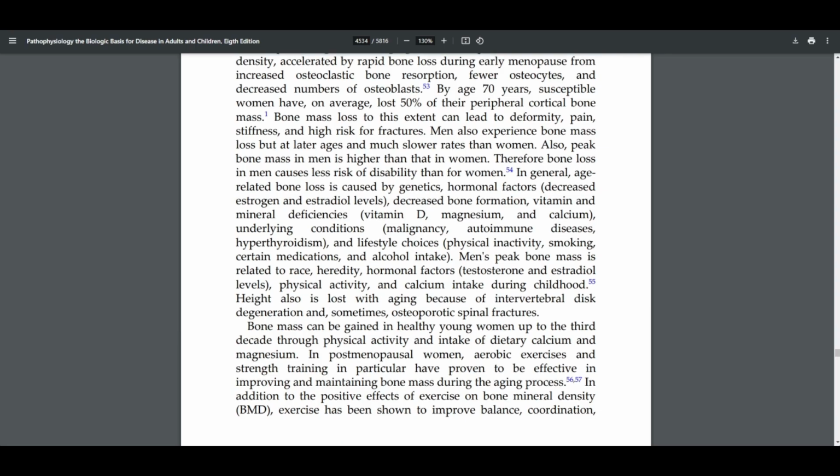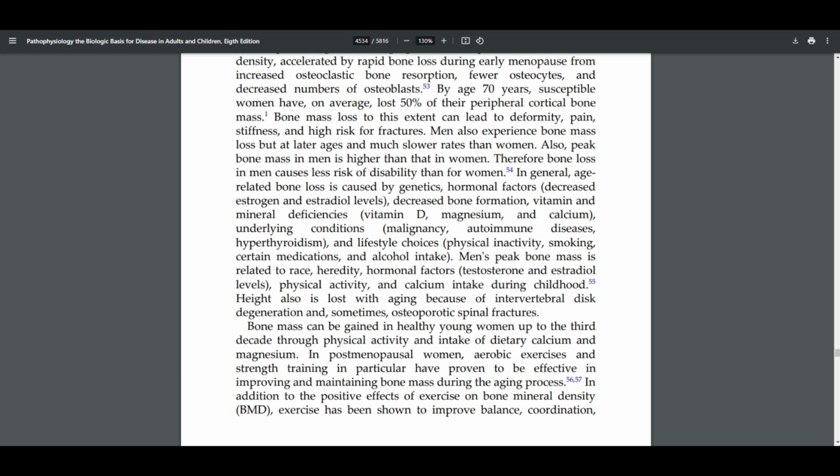Men also experience bone mass loss, but at a later age, at much slower rates than women. Also, peak bone mass in men is higher than that in women. Therefore, bone loss in men causes less risk of disability than for women.